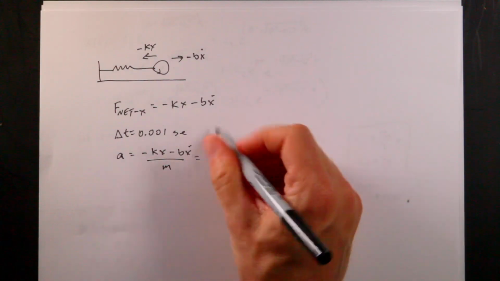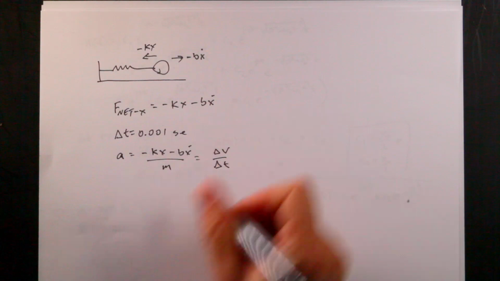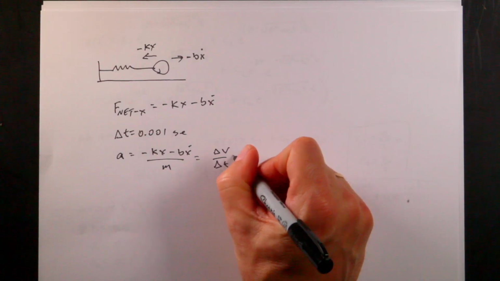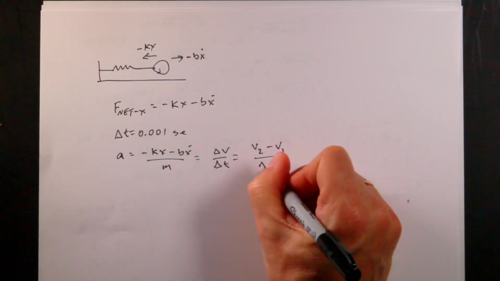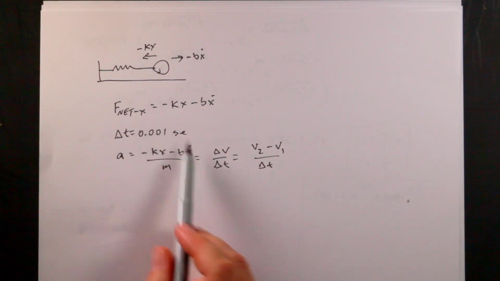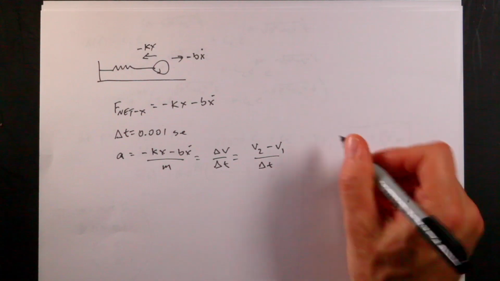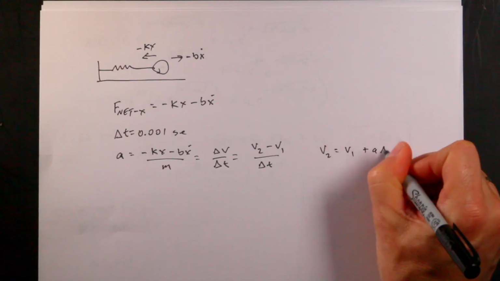And that would be equal to the change in velocity with respect to time. And I'm assuming that's constant, so I can write this as a finite function, a delta. And if I consider v2 the velocity at the end of the time interval and v1 at the beginning of the time interval, after I calculate a, I can solve for v2 at the end of the time interval. v2 equals v1 plus a delta t.